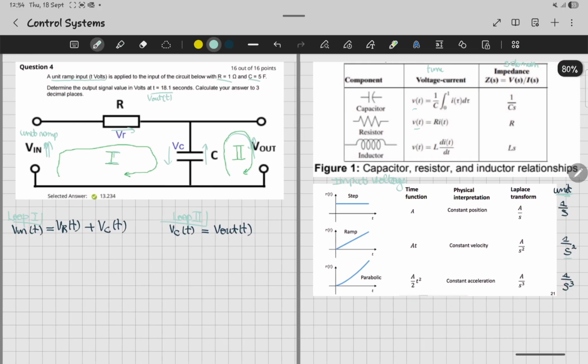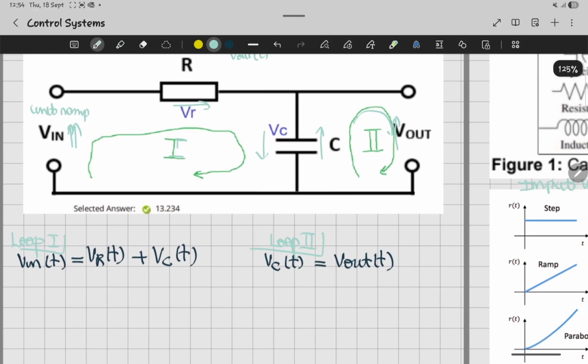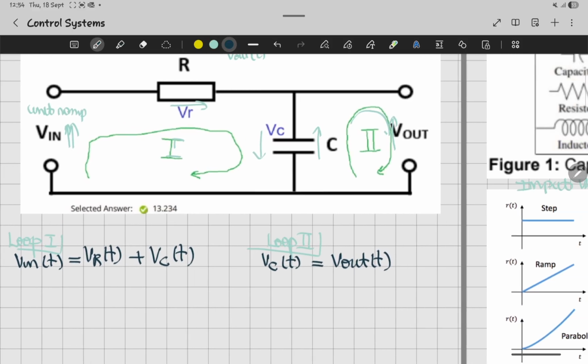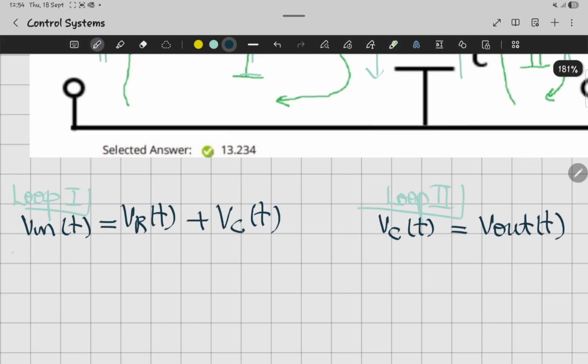What we're going to get, we only have the resistor and capacitor. We're going to keep the voltage as it is for now, so V in of t equals i(t) times R plus 1 over C integral from 0 of i(t) dt.